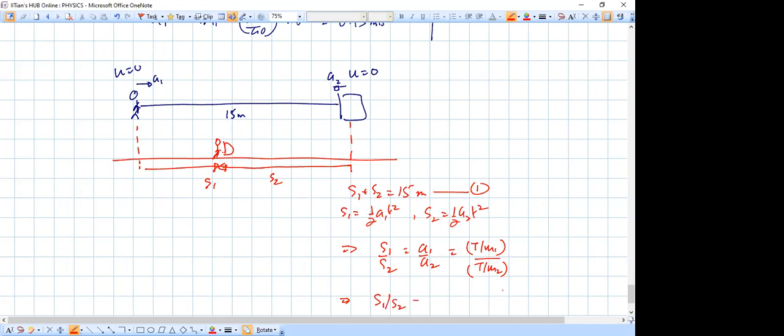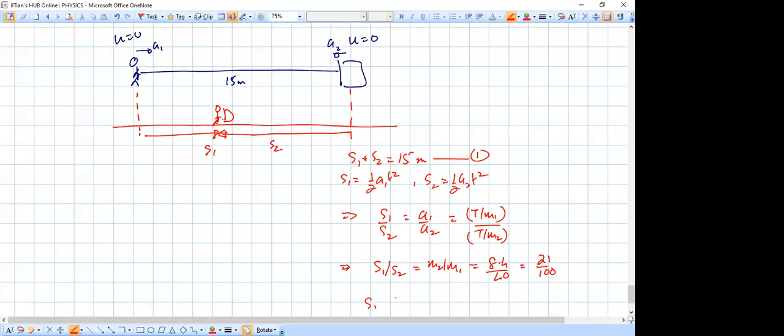So that is your second equation. Now solve these two equations and we'll get the answer.